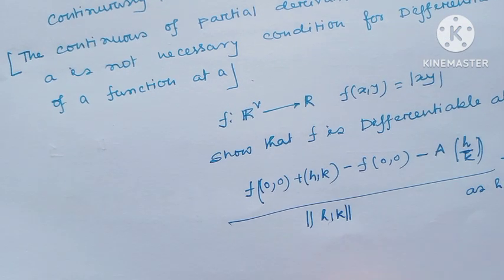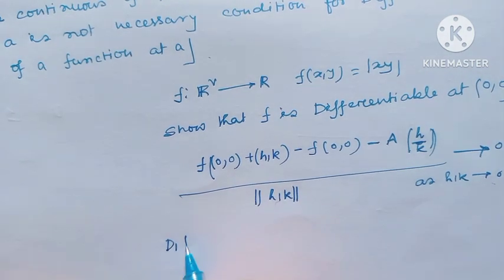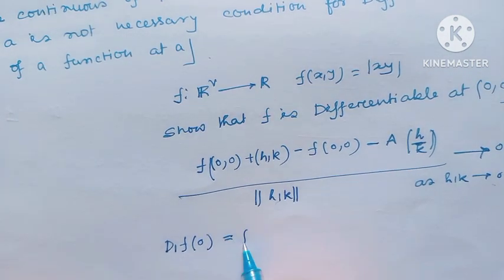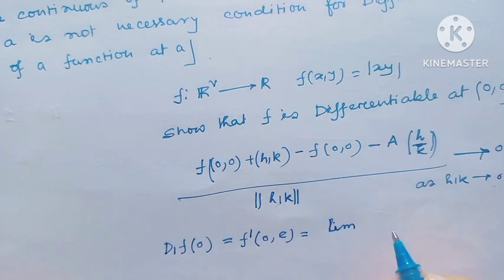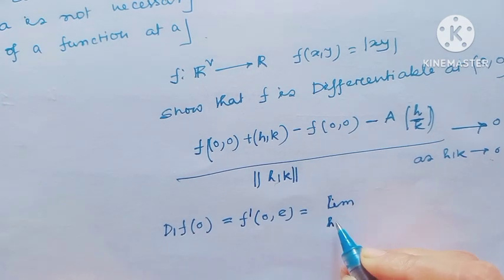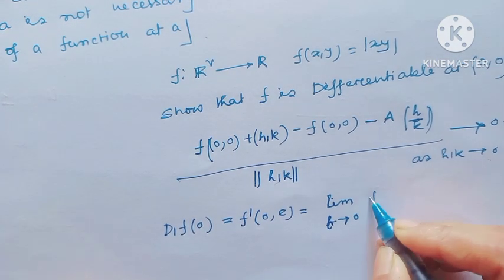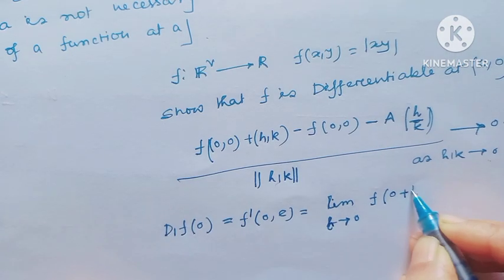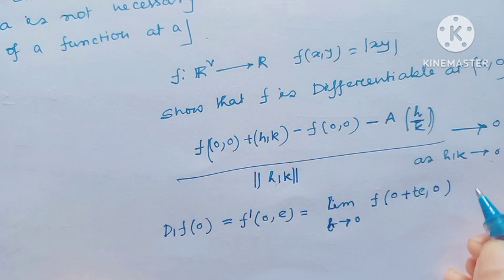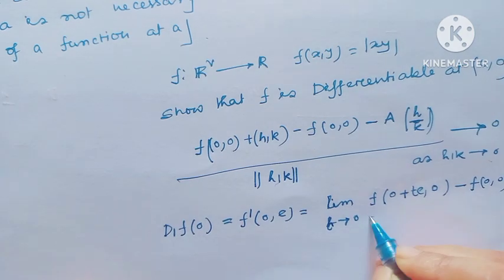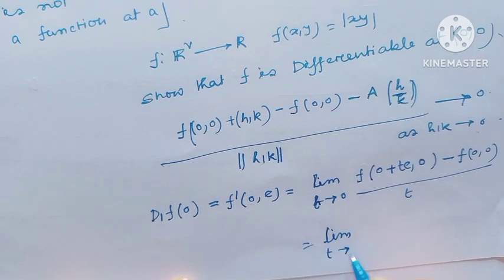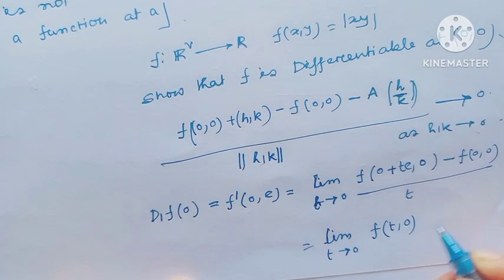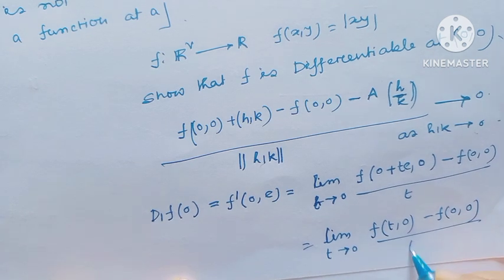Partial derivative. At first we have to find the matrix A. The partial derivative of f at the point 0, D1 f of 0, is equal to the limit as t goes to 0 of f of (0 plus t e1) minus f of (0, 0), divided by t, and this value is the limit as t goes to 0 of f of (t, 0) minus f of (0, 0) divided by t.